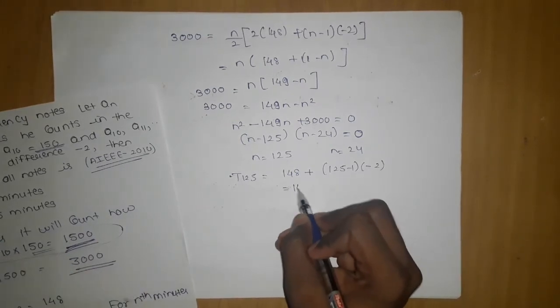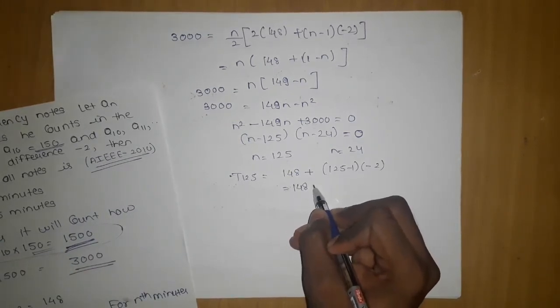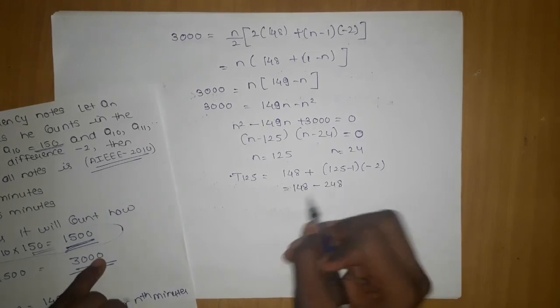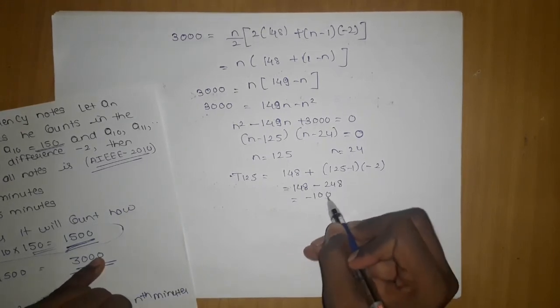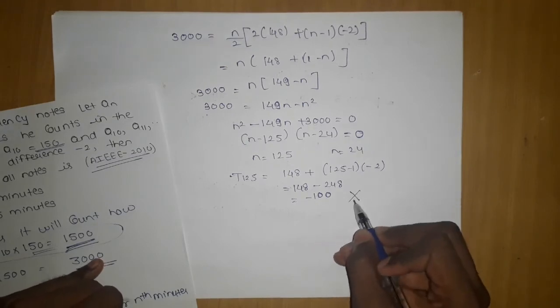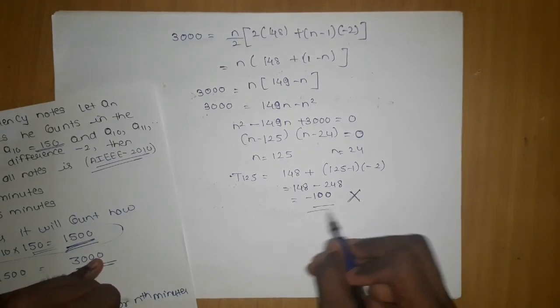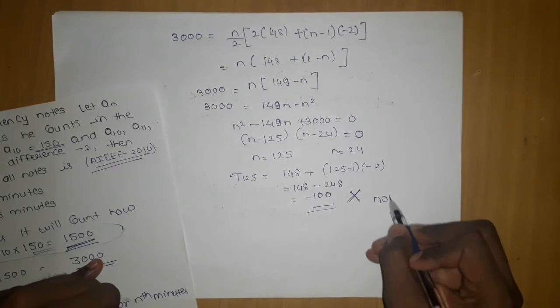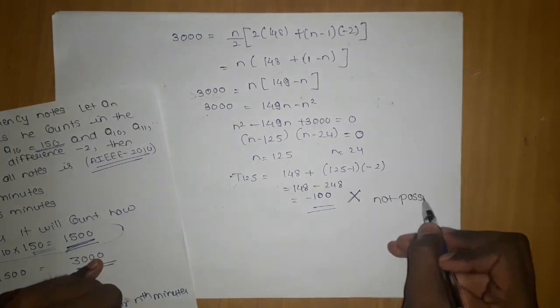So we are getting 148 minus 248, which is minus 100. So he is counting minus 100 notes at t125. Is this possible? Can he count a negative number of notes? No, not possible.